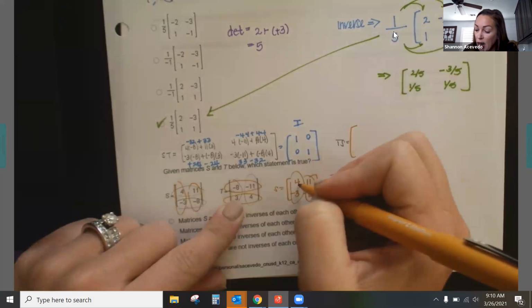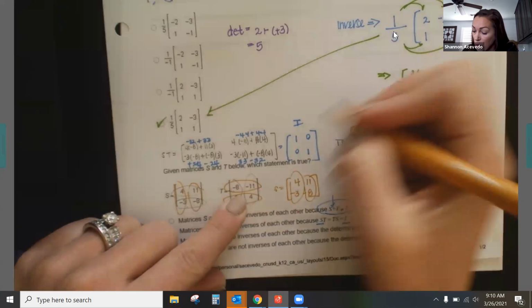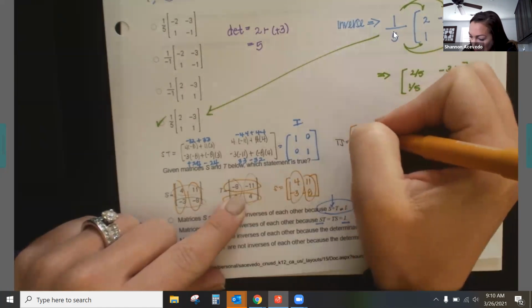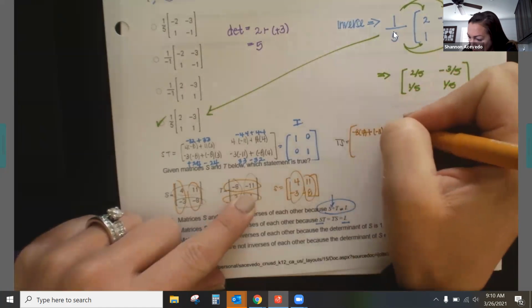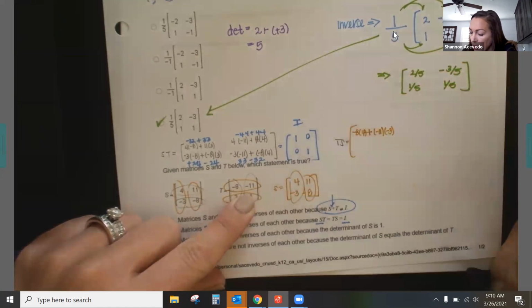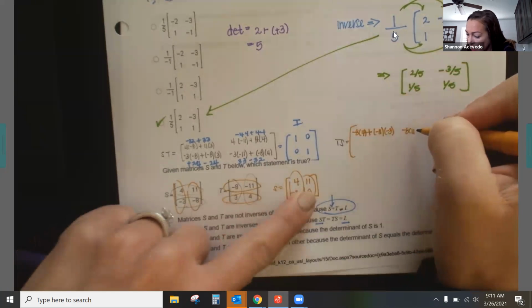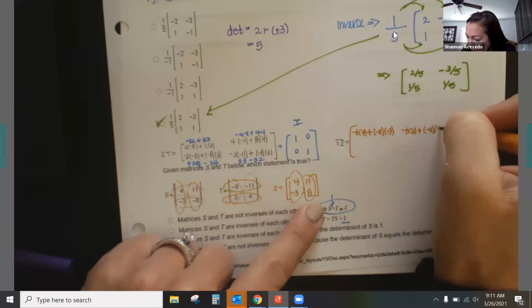So it's -8 times 4. My T is first now because T is first here. So it's row by columns. It's going to be -8 times my 4 plus my -11 times my -3. And then I have my -8 times my 11 here plus -11 times my 8.